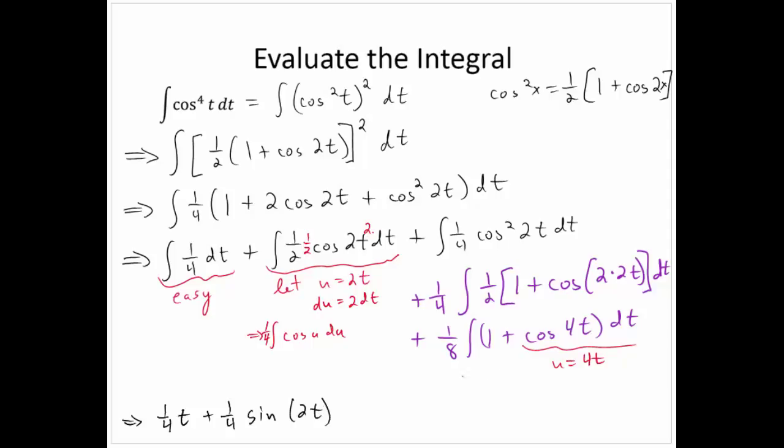Now in purple, I'd have a plus 1/8 integral of 1/8 dt, and so that's going to be a plus 1/8 t.